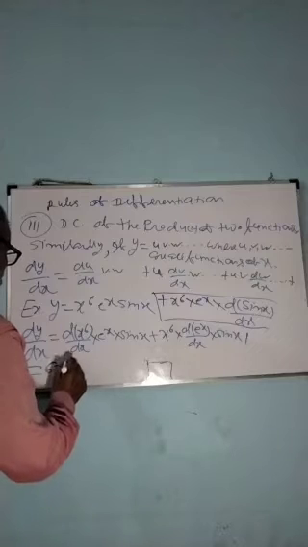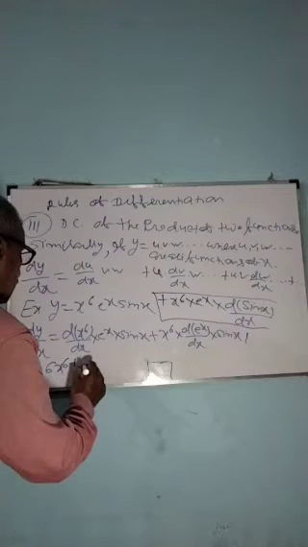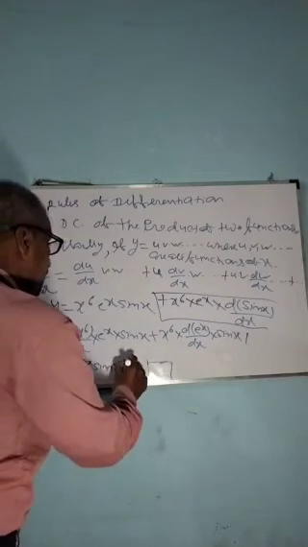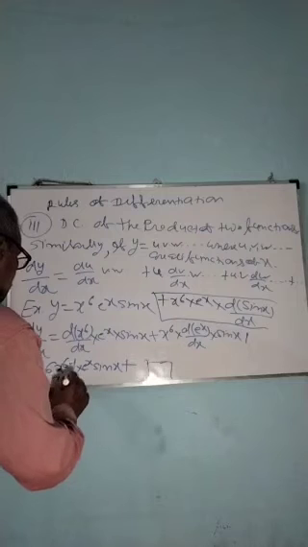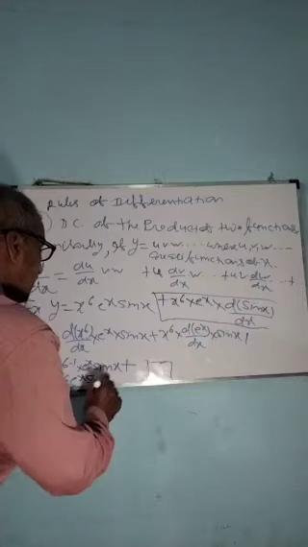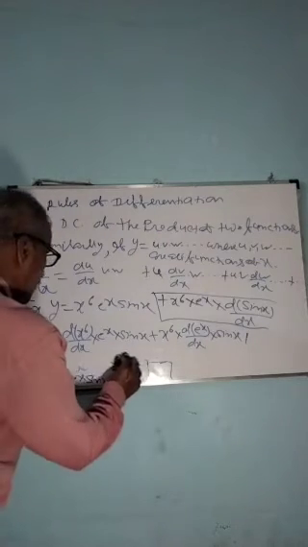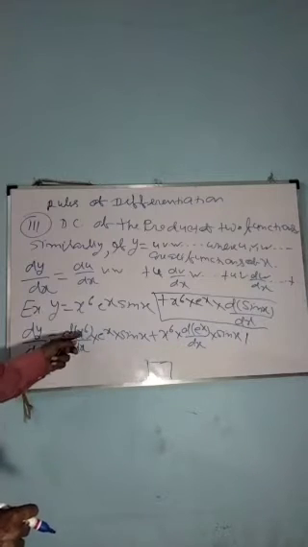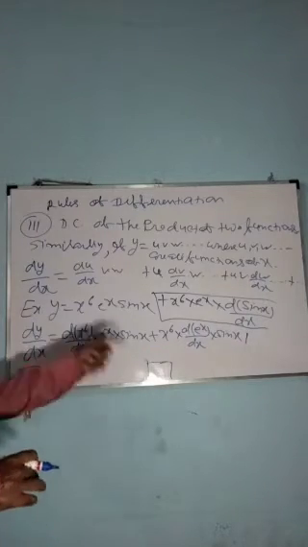And this is equal to, see here, 6 x to the power 6 minus 1 into e^x into sin x plus x^6 e^x sin x. Here d x to the power 6 by dx will be 6 into x to the power 6 minus 1, 6x^5.